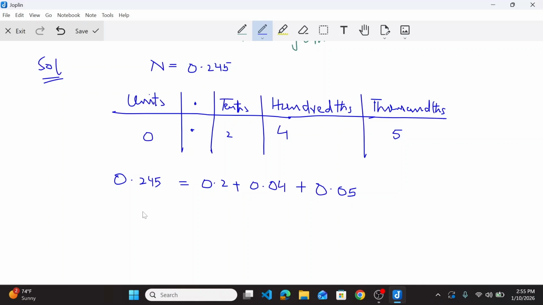So what we will do: when we skip the decimal, we will give 1. Then after the decimal, to the right of the decimal, how many digits are there? There is only one digit, 2, so we will give one zero. Plus, when we skip the decimal, we will give 1.